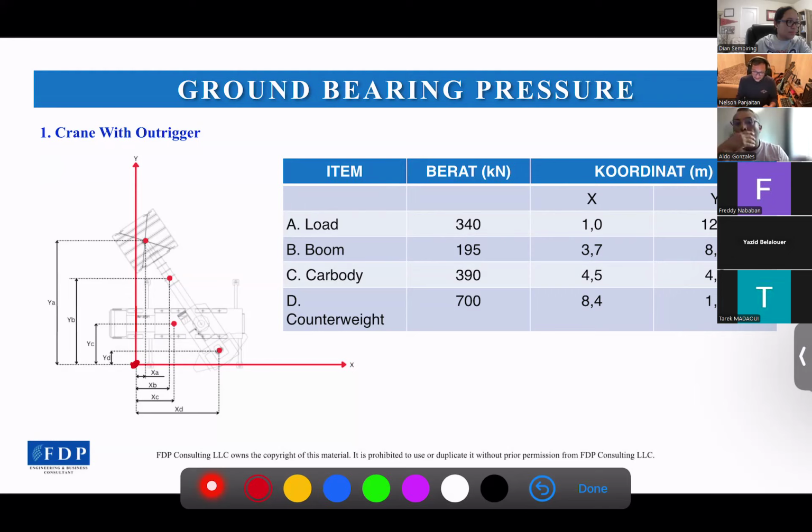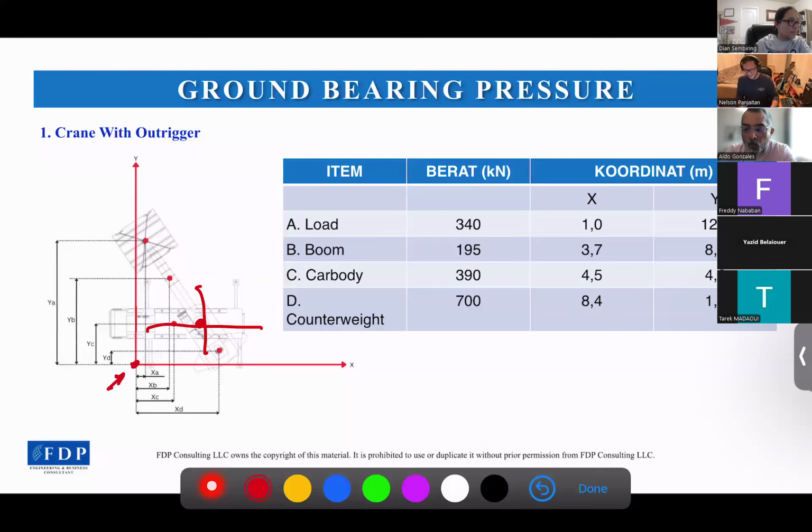The purpose of this calculation is to get the outrigger forces and make some requirements if we need to make a strengthening on the Jacob barge. So I chose this origin point because I need it to be the same origin point as the Jacob barge. Actually, for me, it's better to have the origin point at the slew ring here, like that. But in this case, I put the origin point here.